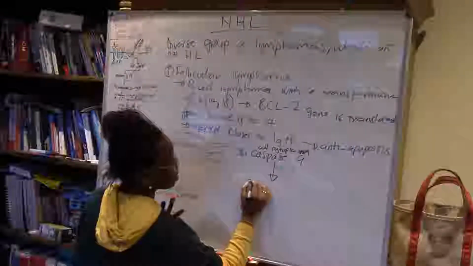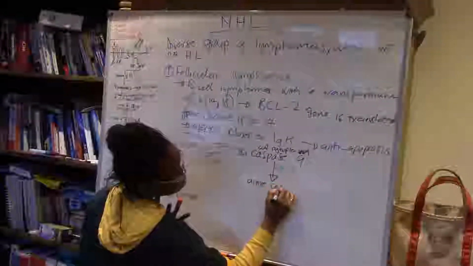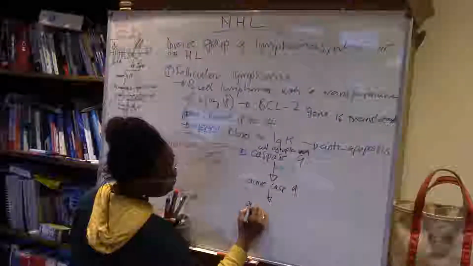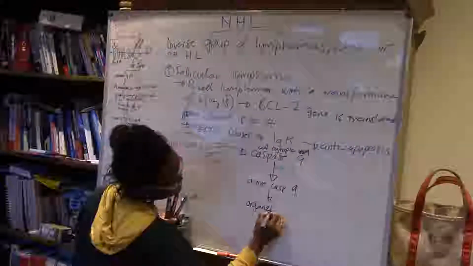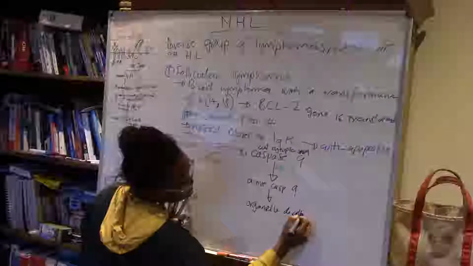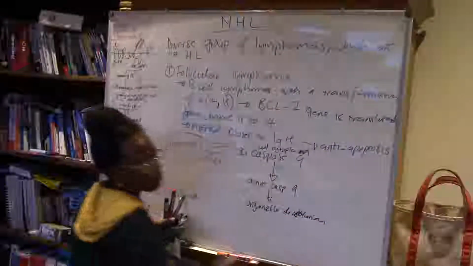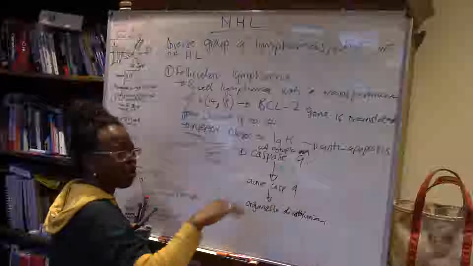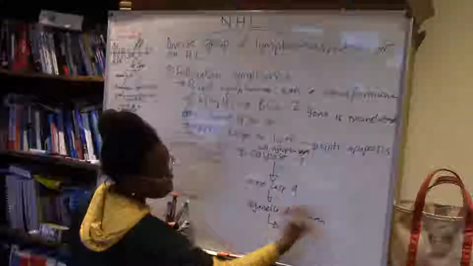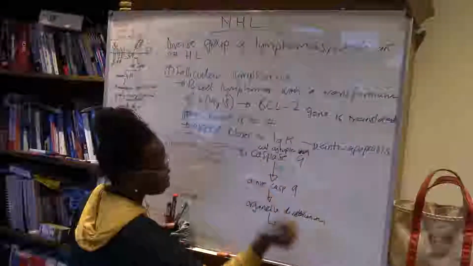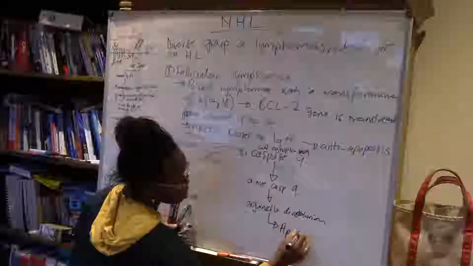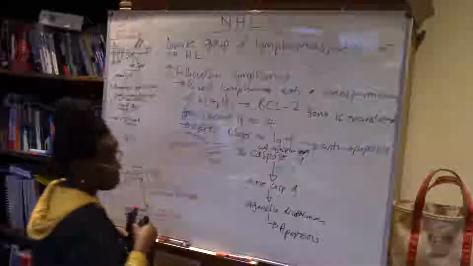So now we have active caspase 9, and active caspase 9 then causes organelle dissolution. Which means all the ribosomes, all the organelles of the cell will be disrupted and dissolved, disorganized, disaggregated, and then the cell will undergo apoptosis. It's as simple as that.